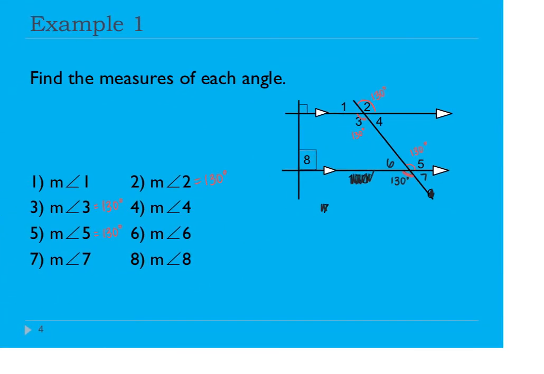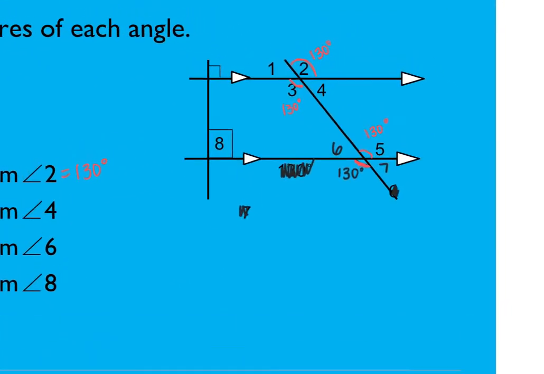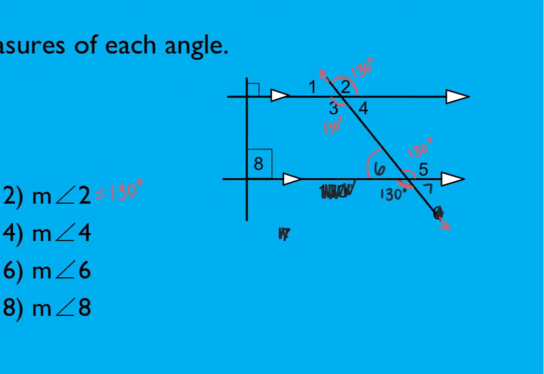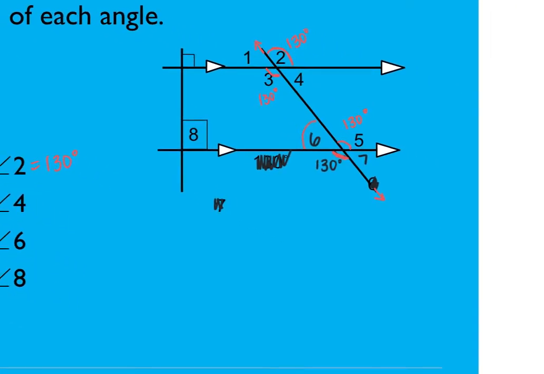And then lastly, we know that consecutive interior angles, so if this line is our transversal in red, staying on the same side of the transversal and being interior, that would be 3 and 6. Those will add up to 180. So will 5 and 4.